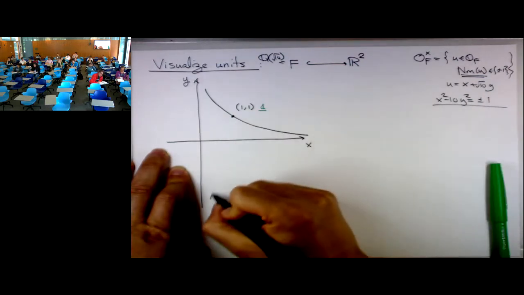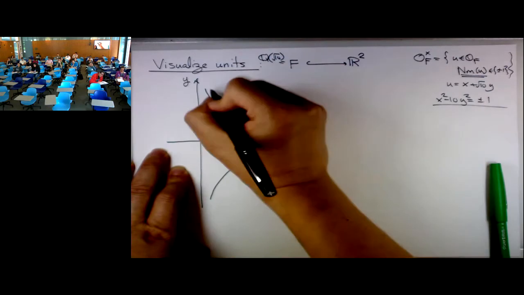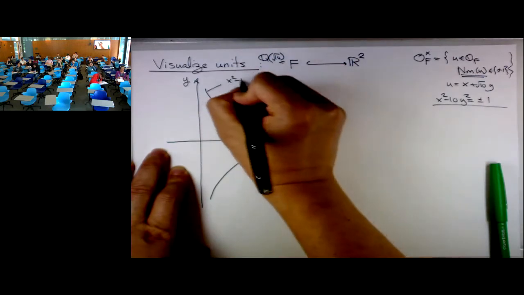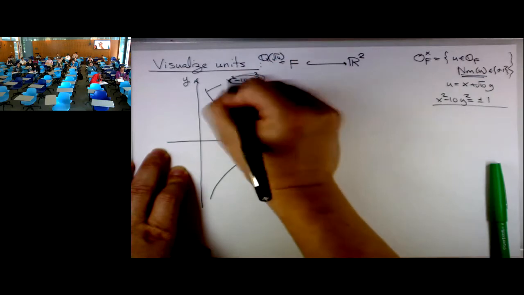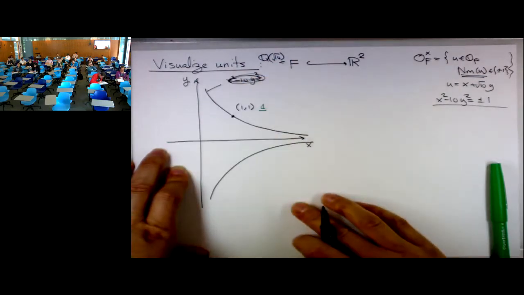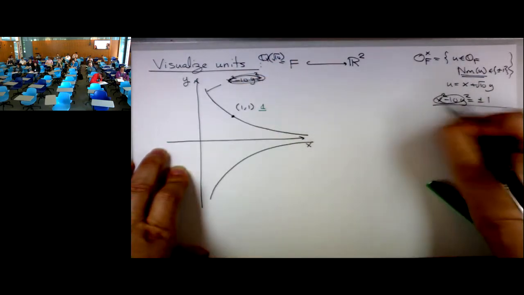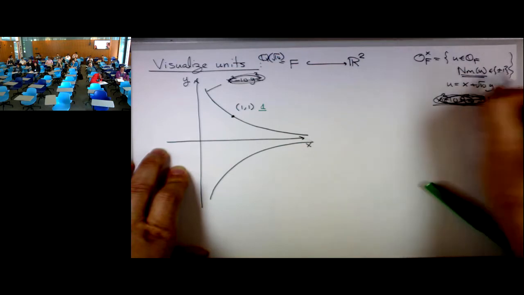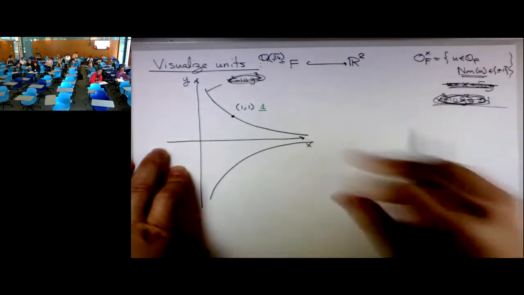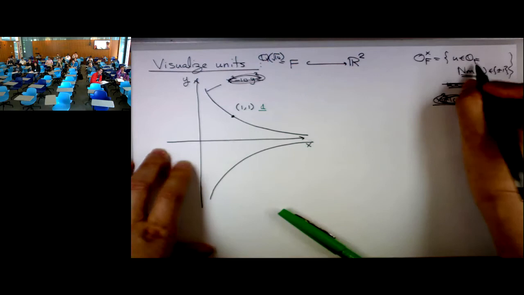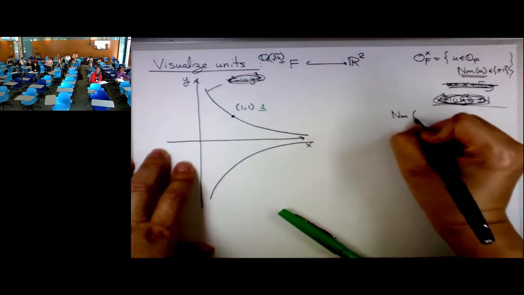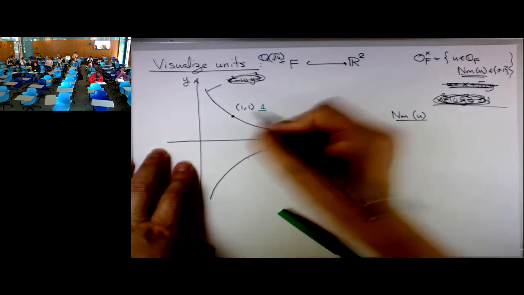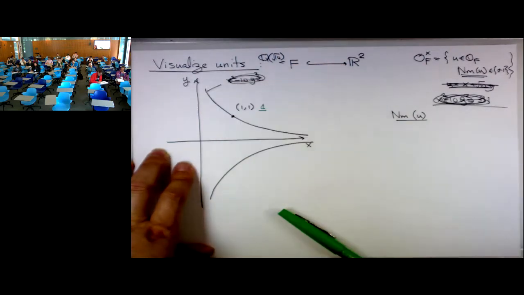Oh, sorry, I'm sorry. This is not x. Well, the norm of this equals this. So what is the norm of an element? This x and y represent two embeddings. Sorry, I was wrong.